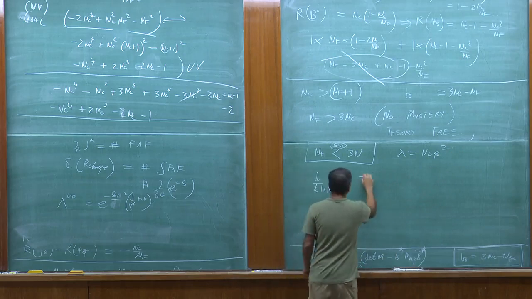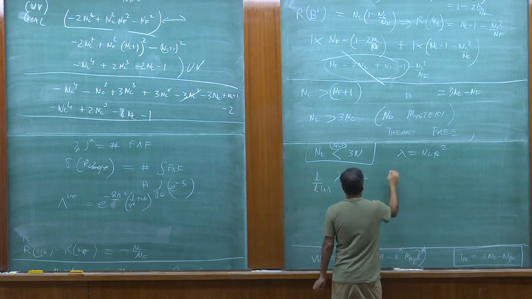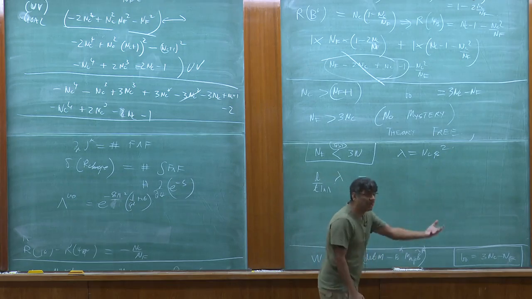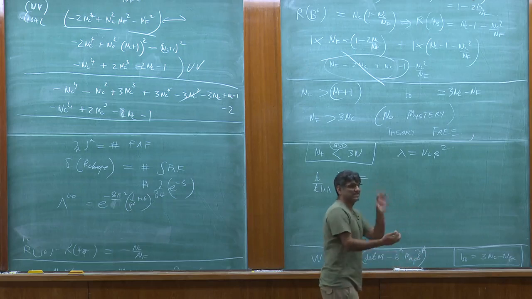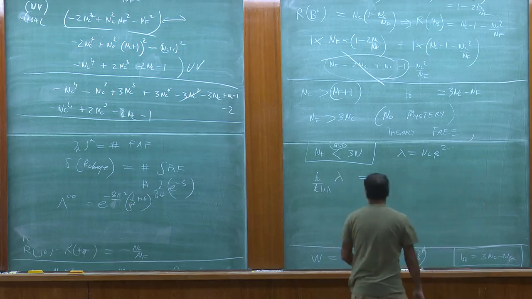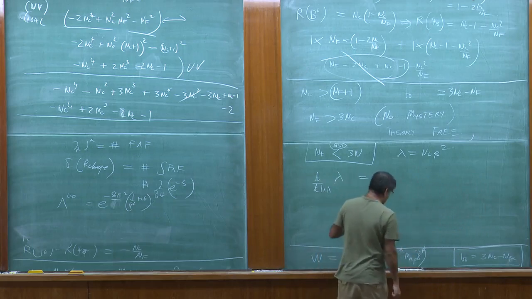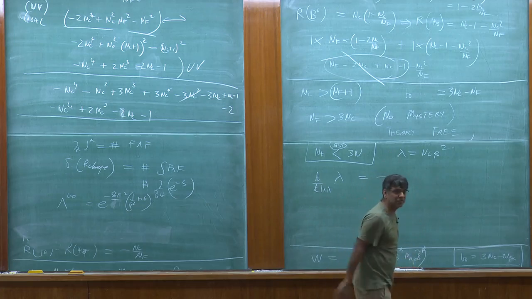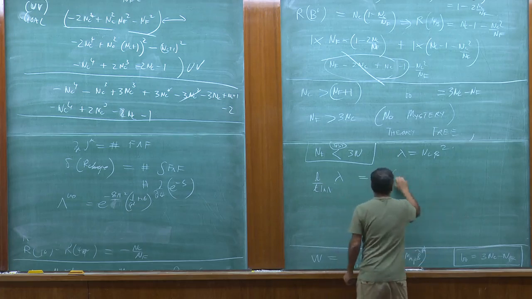Of course there's no linear term in lambda because the operator classically has dimension 4, it's marginal. Going towards the UV, this log lambda is motion towards the UV, the theory gets more weakly coupled. That's asymptotic freedom.